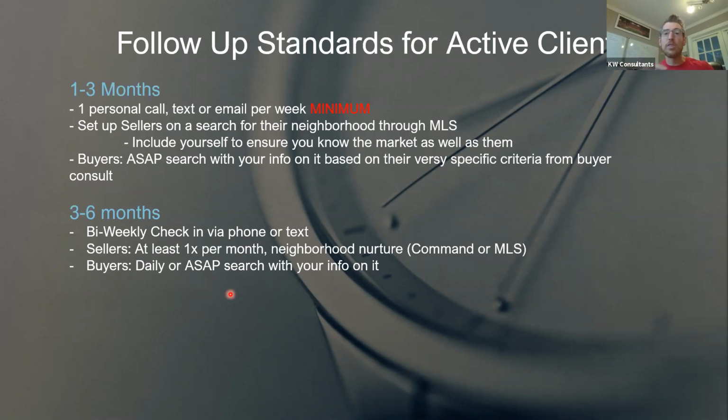The other thing I like about the MLS is that you can set the searches up extremely detailed so that they're getting exactly what they want. Once they're at this stage of their search, I want to give them exactly what they're asking for, and from my perspective, the best way to do that still is through the MLS.